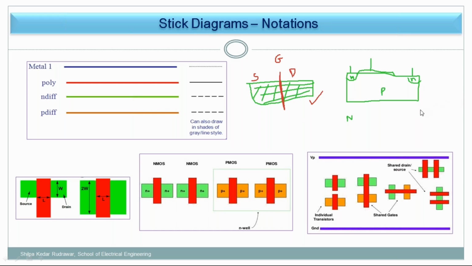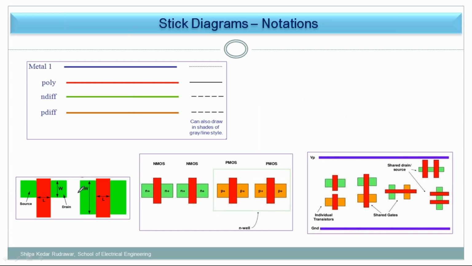Again, in the coming PPTs that part will become clear. Here you are able to see the W/L ratio, where this is the diffusion. Which diffusion material? That is the N diffusion, so this is my N MOSFET. If it is of the other color, then it is a P MOSFET, because red is for polysilicon and green is for the N plus diffusion layer.